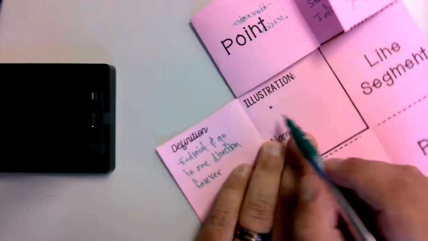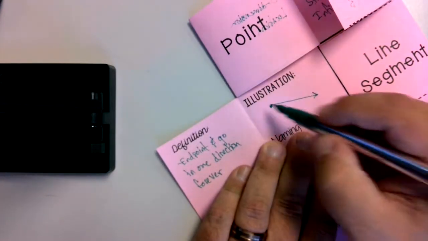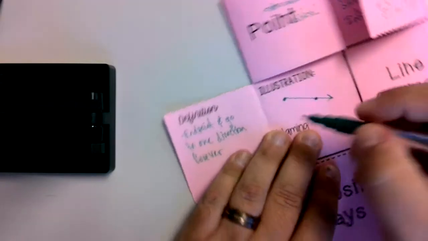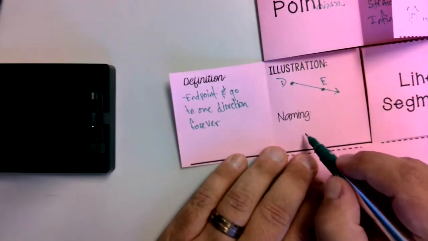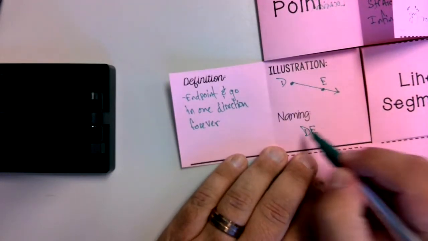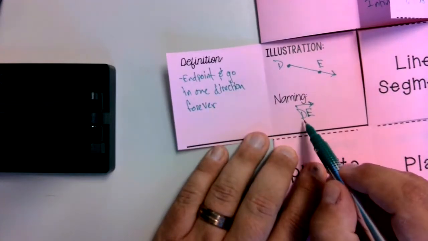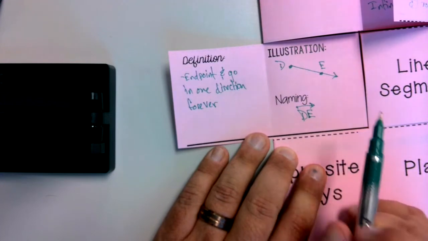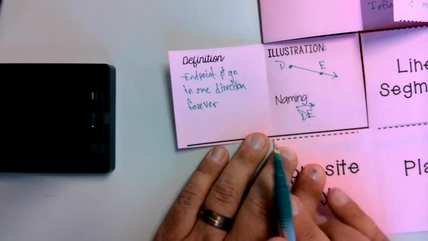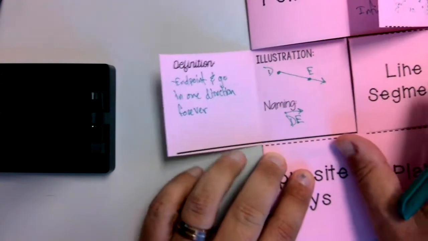So a lot like a line, except they just stop. One end has the arrow, one end has the endpoint, and this is ray DE. Now, a couple of things when we name this: the first one has to be the endpoint, and then we draw the arrow over the top of it. So make sure that this first letter in the name is the endpoint of the ray.